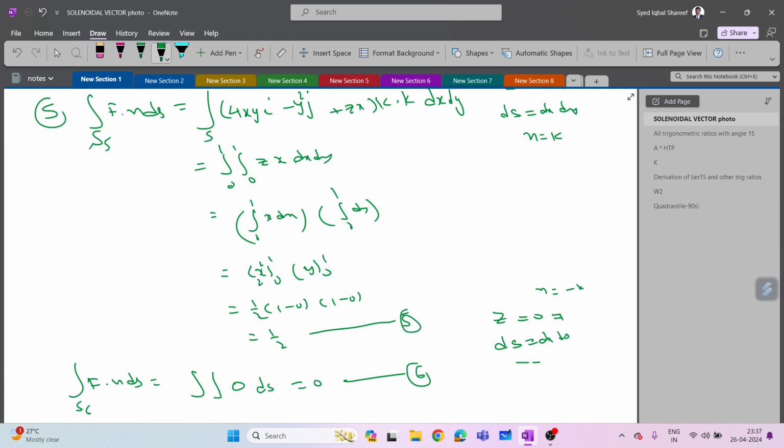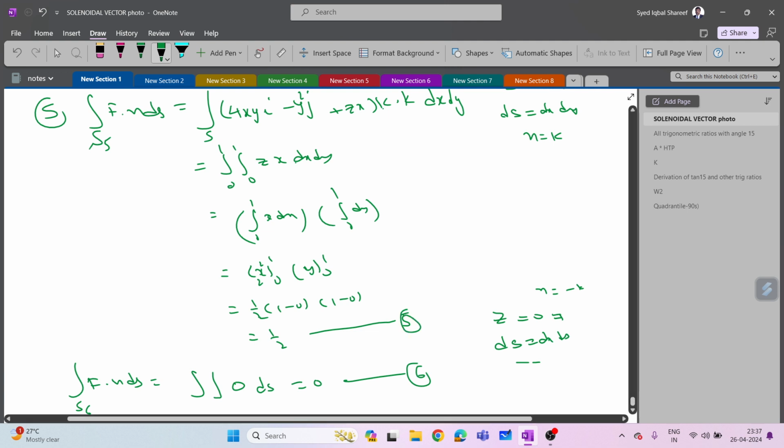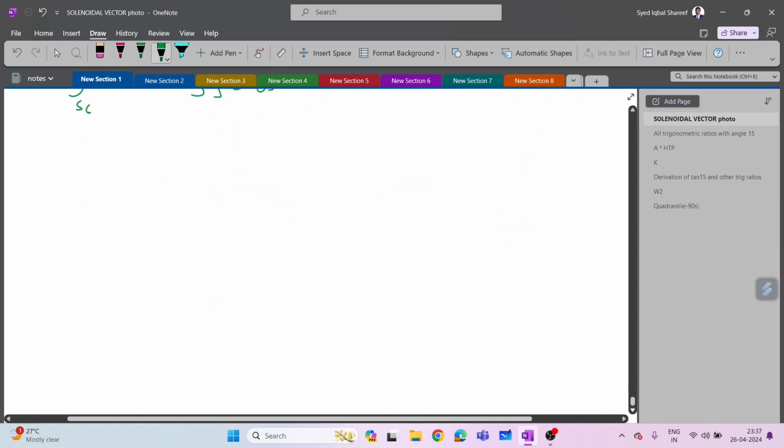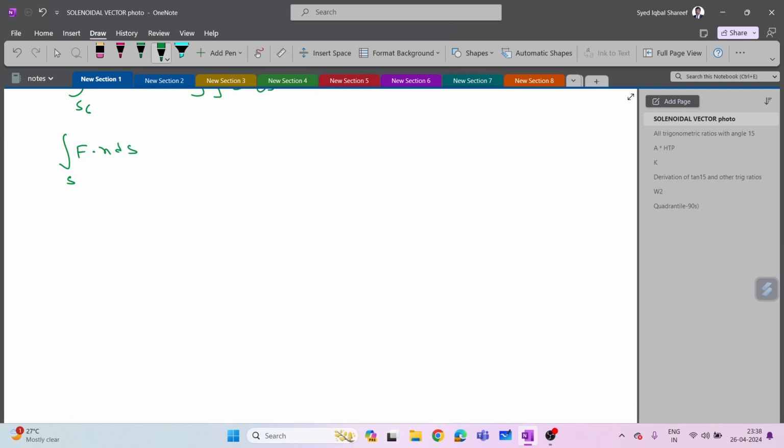So you have 6 equations. What is the integral taken over the surface? F dot n dS equals the integration taken over surface 1, surface 2, surface 3, surface 4, surface 5, surface 6.